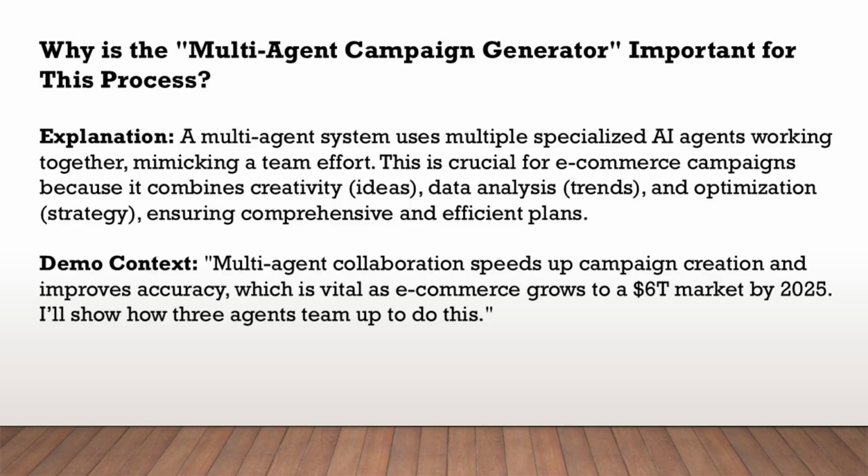This is crucial for e-commerce campaigns because it combines creativity and ideas, which is our idea agent, data analysis and trends, which is our trend agent, and optimization strategy, which is our optimization agent, ensuring comprehensive and efficient plans. So multi-agent collaboration speeds up campaign creation and improves accuracy, which is vital as e-commerce grows to a 6 trillion market by 2025. Very soon I will show how these three agents team up to do this.